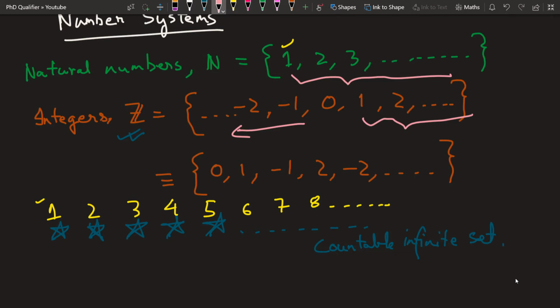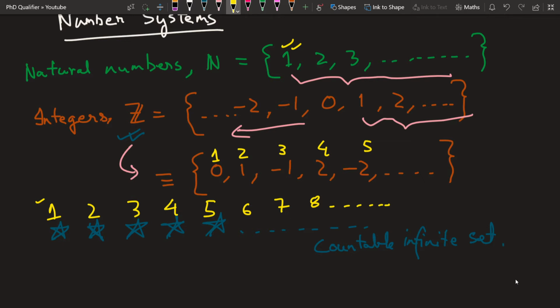But that's not the case, because here also, if you simply rearrange these integers like this, you can see you can still assign to each of these integers a natural number. And how do I say that integers are not larger than natural numbers? There will never be an integer to which you cannot assign a natural number.